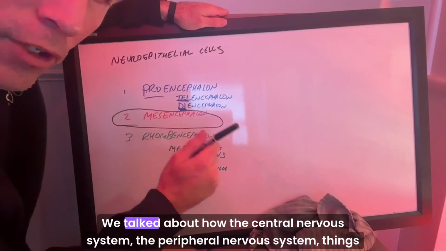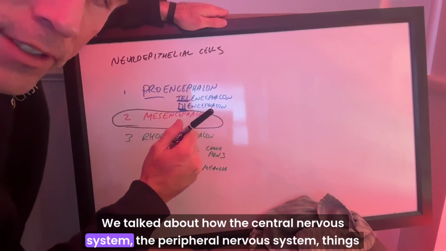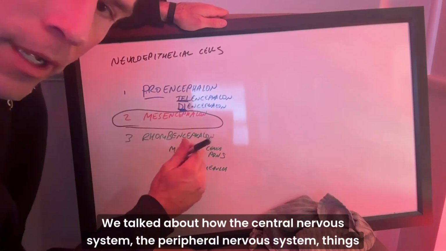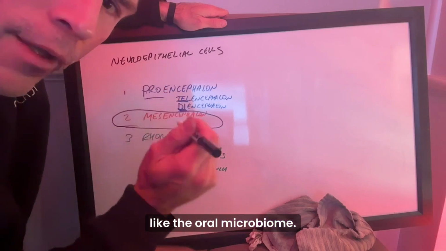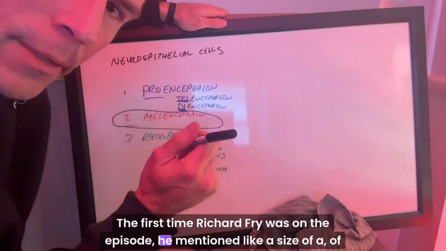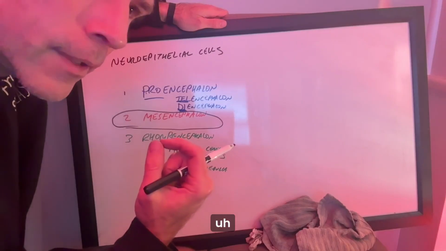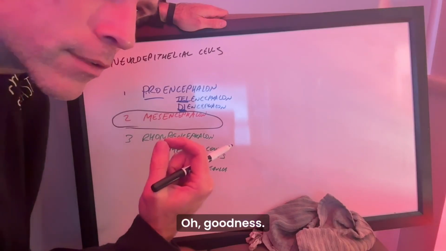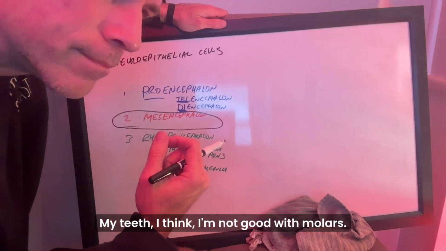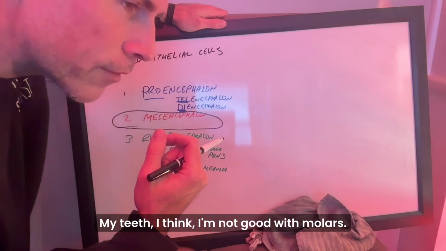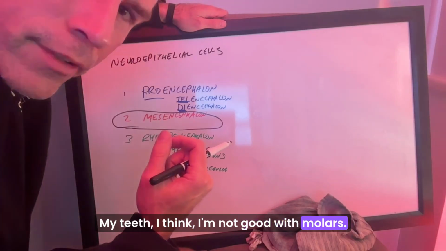Okay, we talked about how the central nervous system, the peripheral nervous system, things like the oral microbiome. The first time Richard Fry was on the episode, he mentioned the size of one of the teeth. Oh goodness, my teeth thing. I'm not good with molars.